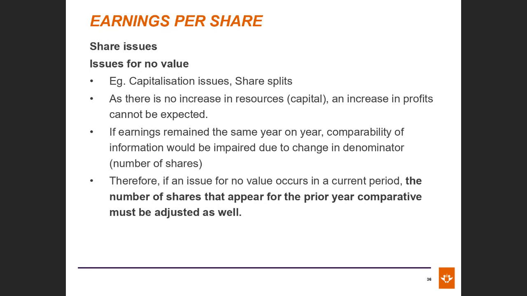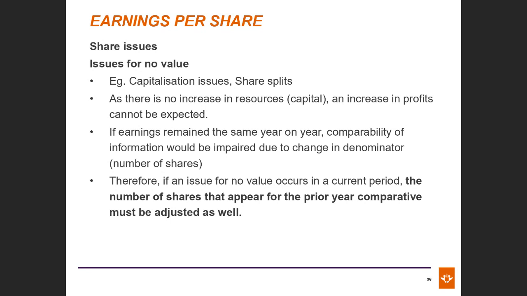Okay, so what's important to note is in both of these situations, it is an issue for no value. No money is going to be given by the shareholder to the company. So in this situation, there's no increase in resources and capital. Because we did not have an increase in capital, because these shares were not paid for, it means an increase in profits cannot be expected.